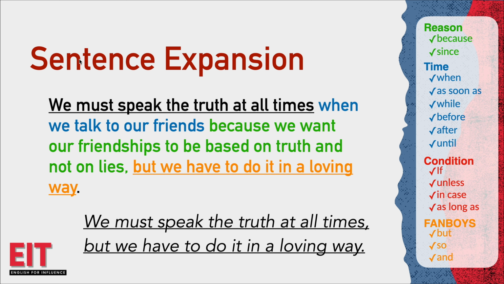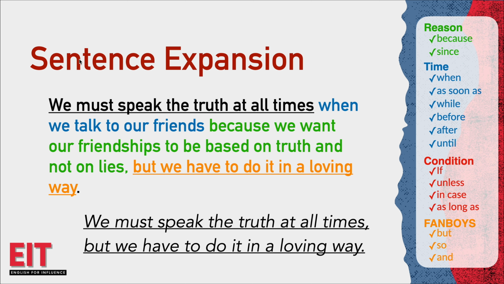Okay, now that we have another independent clause, we can add more dependent clauses to connect to it. Let's see. We can choose a reason, time reference, or a condition. But the most important thing right now is the meaning. So let's focus on the meaning. What is it that we want to say?